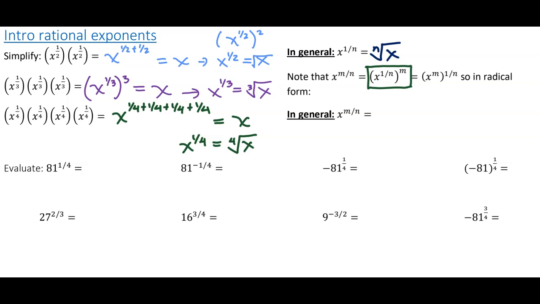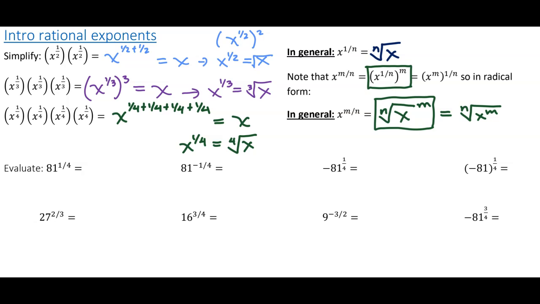So in general, x to the m/n is the same as the nth root of x raised to the m, or the nth root of x to the m. Either one. And again, this one for a lot of our purposes is going to be the better choice, but they're both correct.